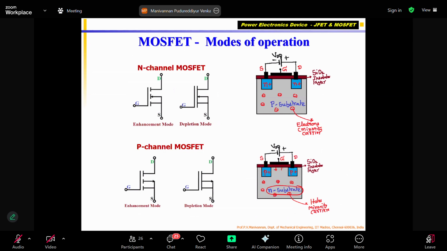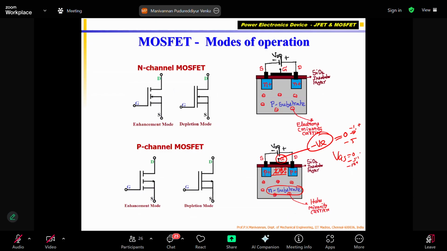Here you get positive voltages, and there you have to give a negative voltage, 0 to say minus 5 volts, varying minus 1, minus 2 volts. When you change the gate voltage, more holes will be attracted, the channel forms, and more current will flow.